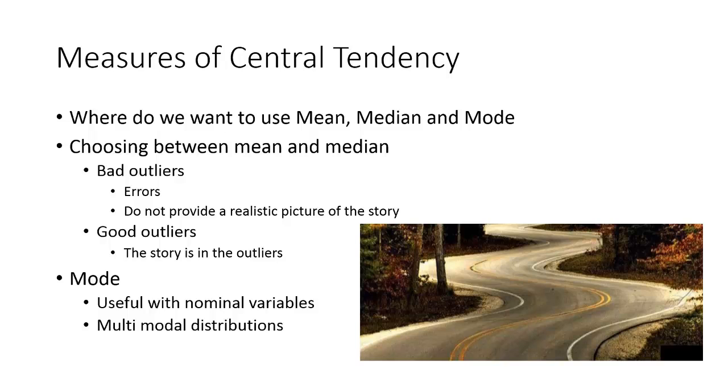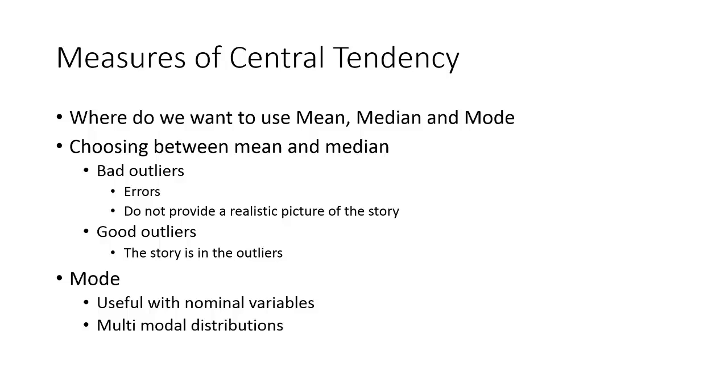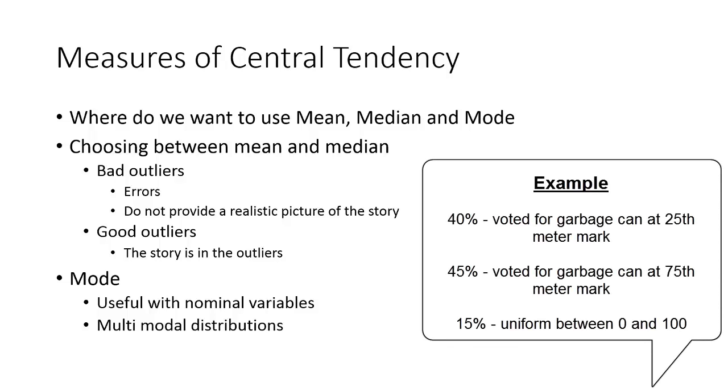So person 1 says, I want the garbage can in the 25th meter mark. Another person says, I want it in the 50th meter mark, and so on and so forth. Now let's say we collected all this data and we found that 40% of the residents said they want the garbage can in the 25th meter mark.